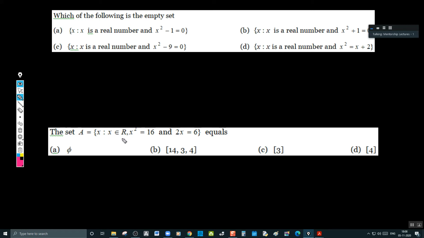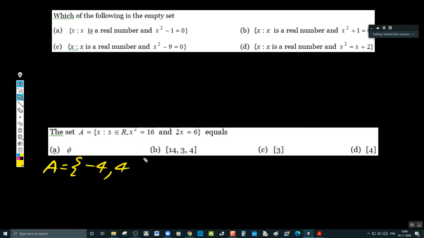A is equal to x such that x belongs to R, x square is equal to 16 and 2x equal to 6. See, x square is equal to 16 means x is nothing but, first case, it is denoted by capital A. X square is equal to 16, one is minus 4, other one is plus 4.